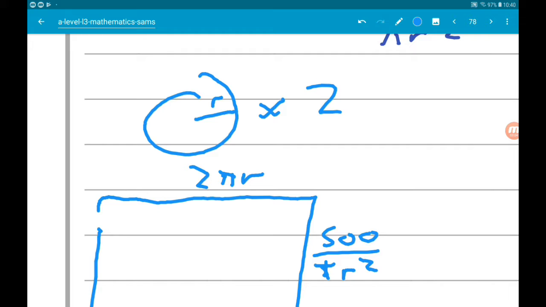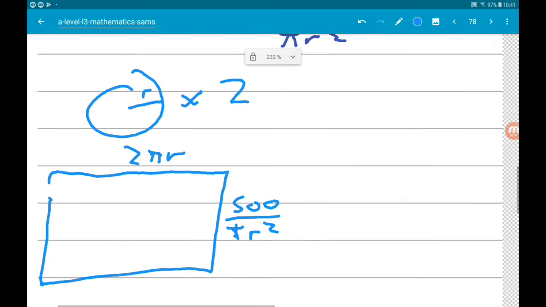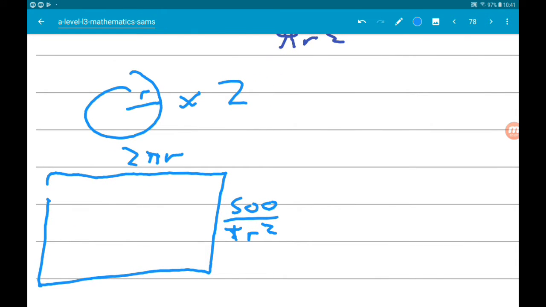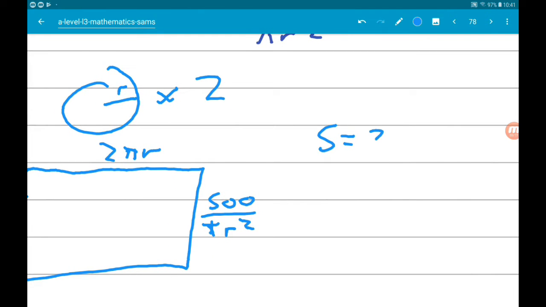So, S then is 2 lots of the circle, so that's 2 pi r squared. Add 2 pi r times 500 over pi r squared.